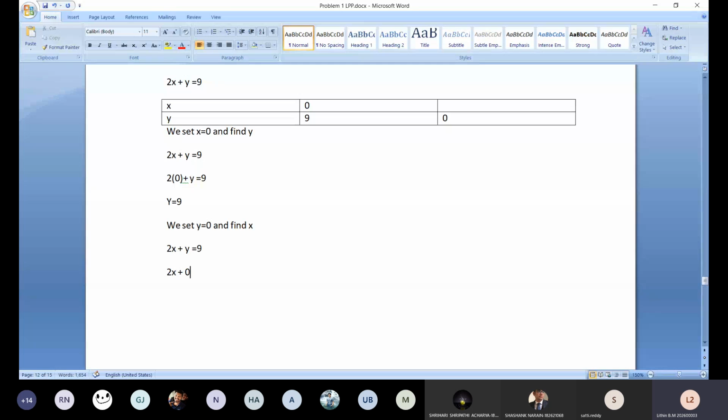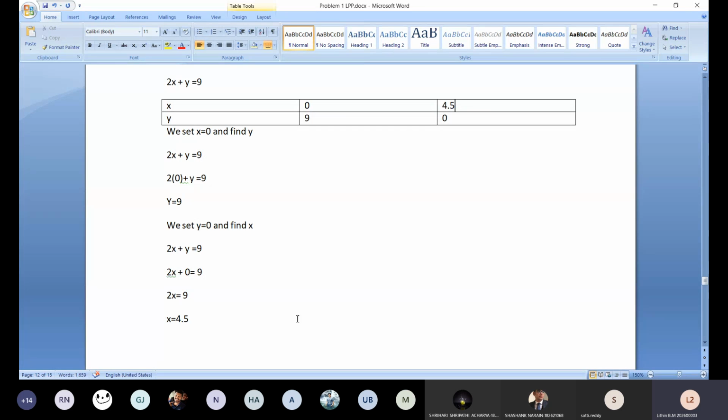I'm replacing y with 0, so 2x equals 9. What is x? 9 divided by 2, 4.5. Yes, very good. So we're done calculating the corner points for the first constraint.